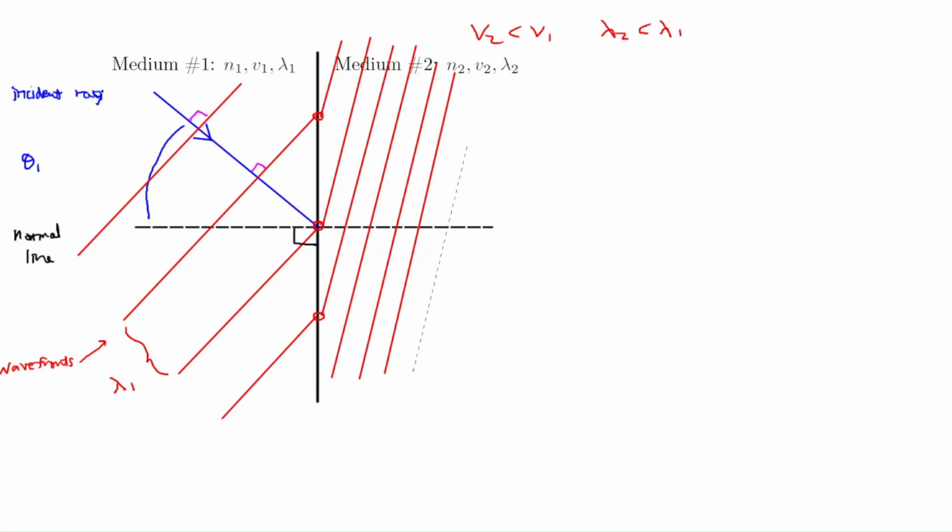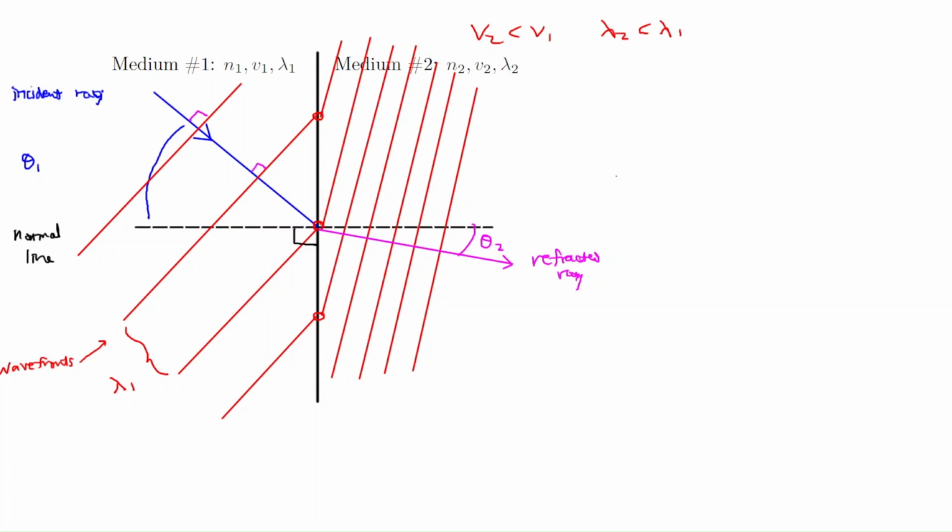What this permits us to do now is to draw the new light ray, and it has to be perpendicular to these wavefronts. This we might call the refracted ray. Sometimes we call it the transmitted ray, but it makes its own angle with respect to that normal line. I'll call that theta 2, sometimes the angle of refraction.